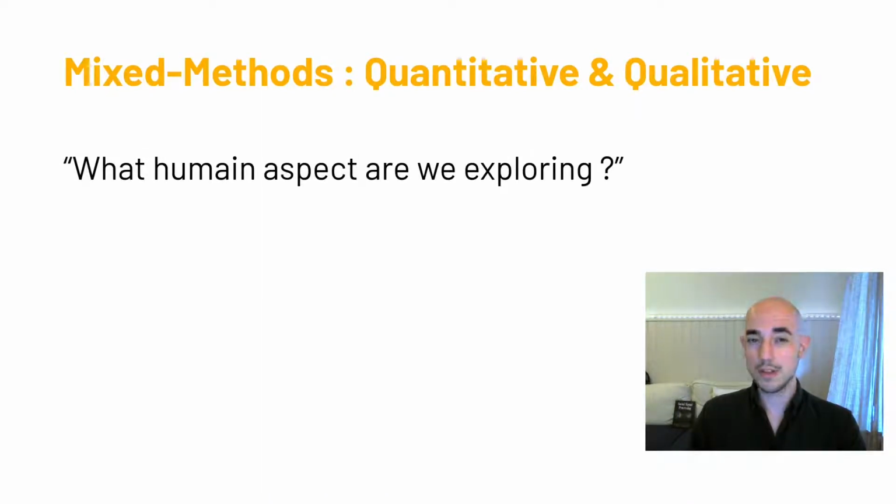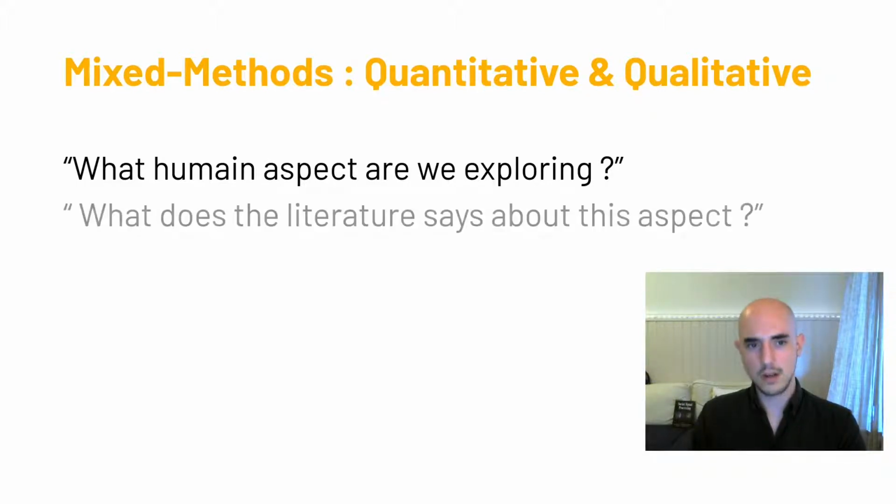So the first question with this method is, what human aspect are you trying to explore, to research? What exactly does the literature say about this aspect? It can be seen as a way of exploring domains which are maybe not yours.